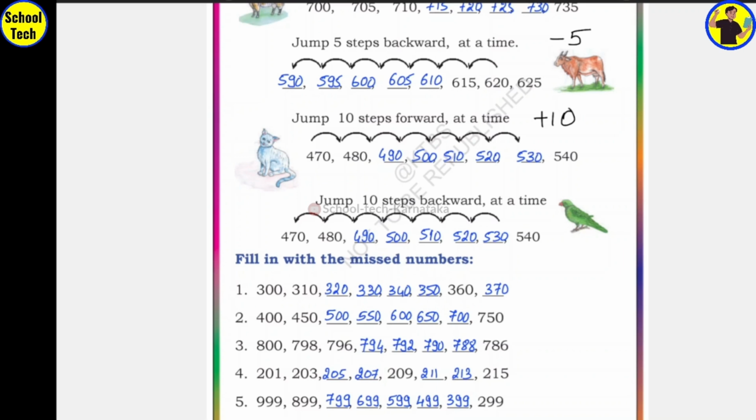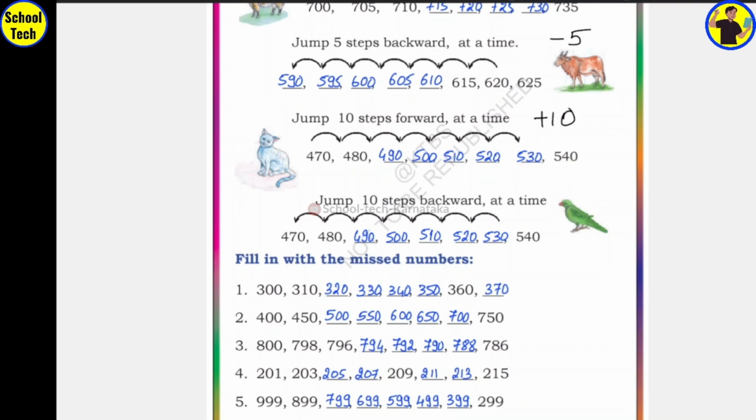So we have here 470. 470 plus 10, we have 480. 480 plus 10 we get 490. Then plus 10, 500. Then the next 510, 520, 530 and 540.